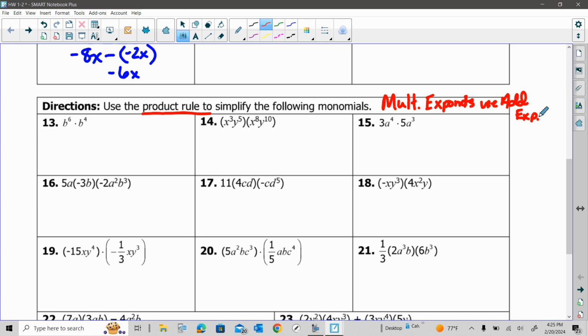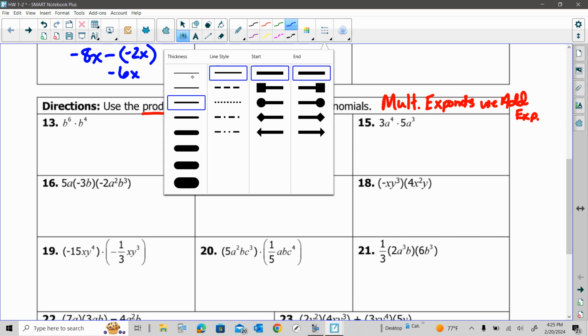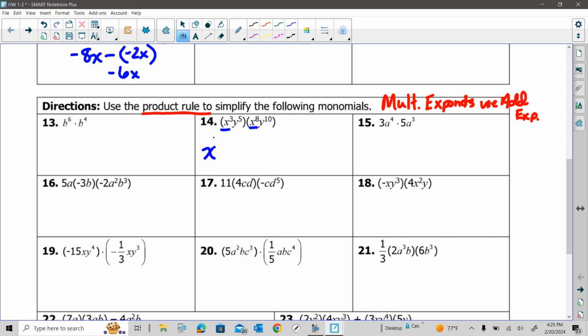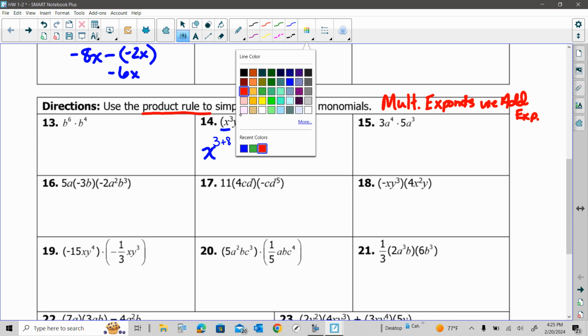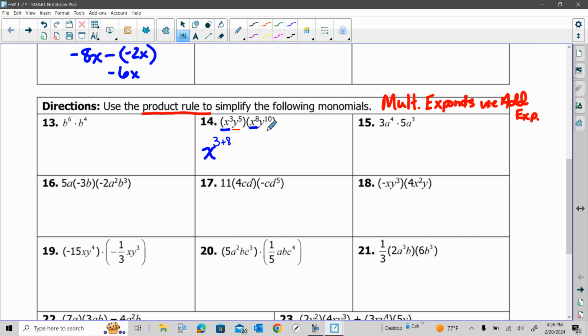So, for example, if I jump into 14 here, here's my x to the 3rd and x to the 8th. You keep the x, let me just change my font, sorry. And the exponents, which are 3 and 8, those get added. Then I go to the next variable, which is my y's here.